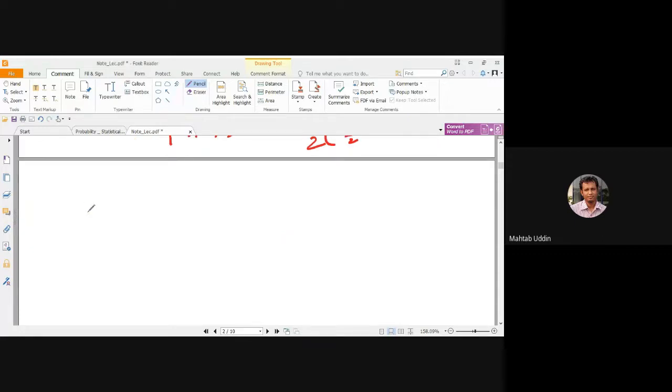Then the final thing is the mode. What is mode? The value which appears most is called a mode.